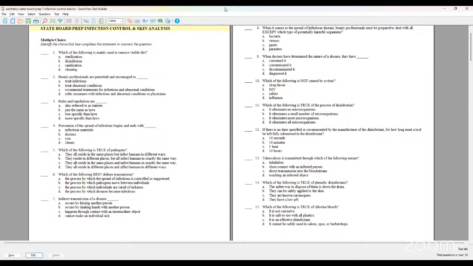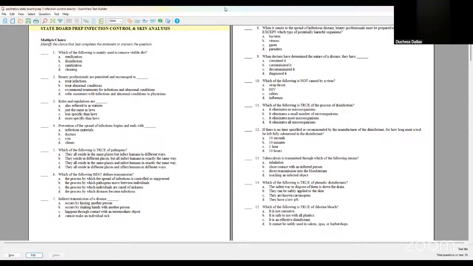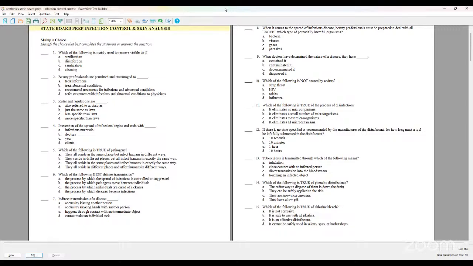All right, if we were to look at this question number 5, which of the following is true of pathogens? Replace pathogens with bacteria, germs. Which of the following is true of germs? Is it A, B, C, or D? What do y'all think?